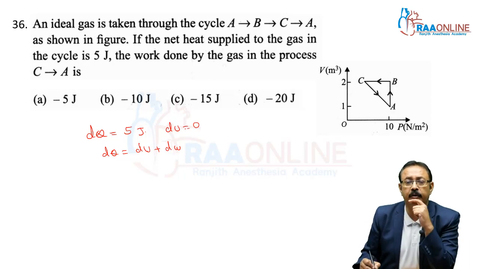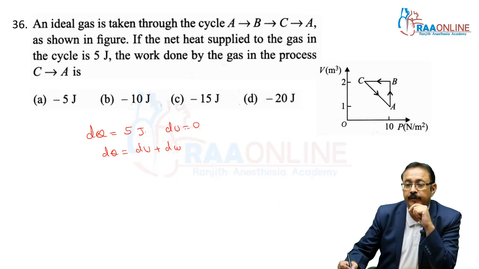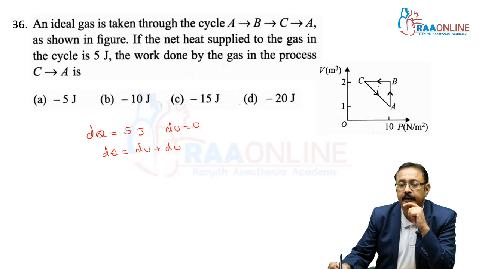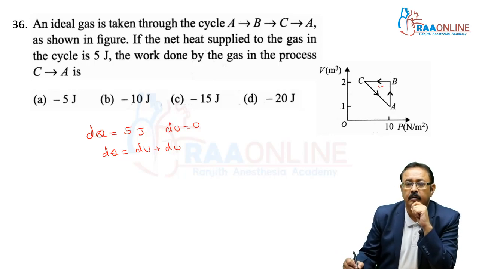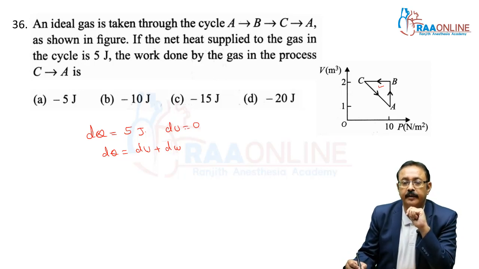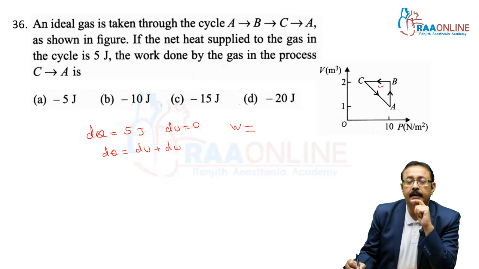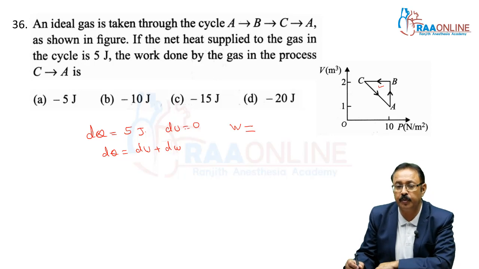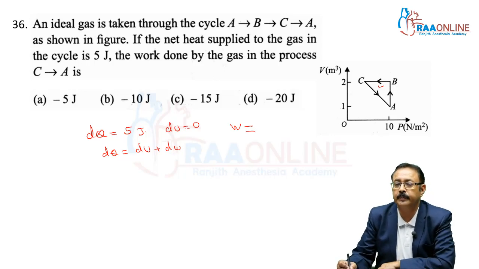What work we have to find, the work done by the gas in the process, is the area of this figure. It will give you the work done. Total work done equals the area of this closed figure.